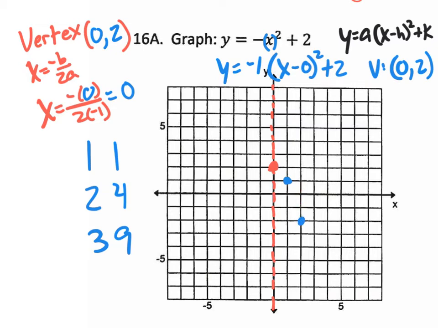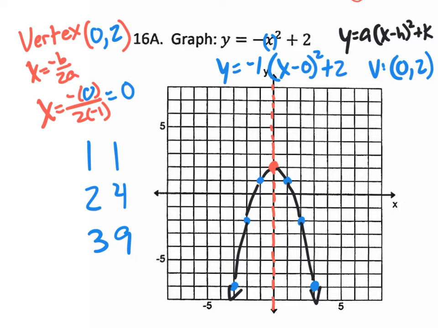And then I'm going to go 3 over, 9 down, right there, almost to the edge. And then I'm going to map them over to the other side. And there's my beautiful looking parabola that opens down because the a value is negative.